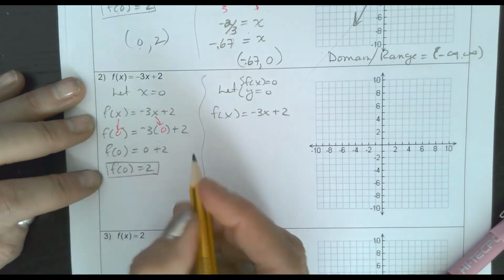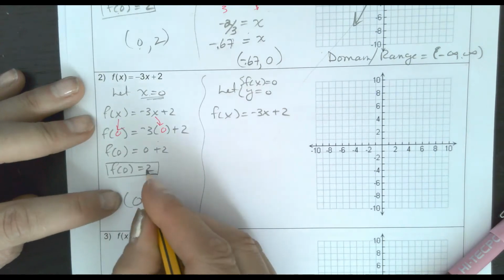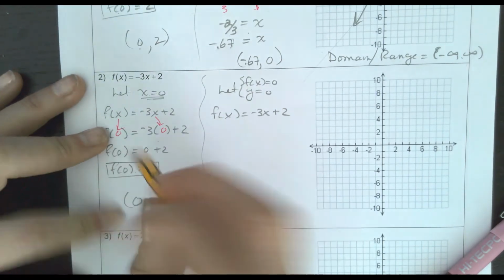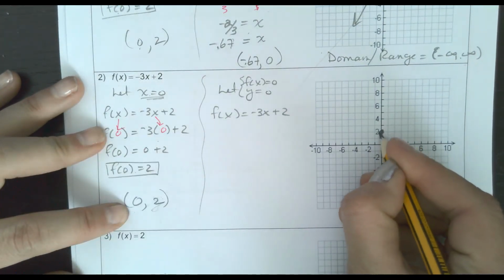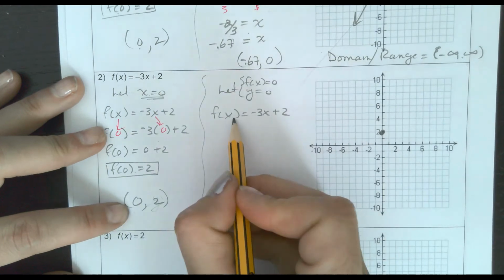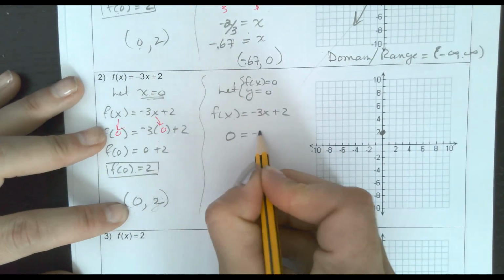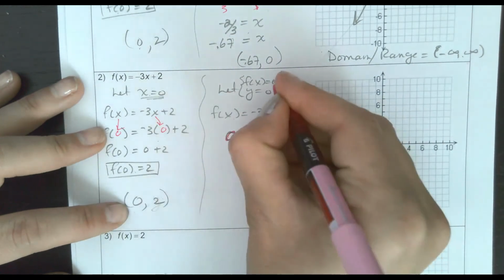Okay, but we need a point. So this is x equals 0, so you put the 0 here, and this is the y. Oops, not a y, you want a 2. Silly me. So (0, 2), oh, it's the same. Okay, so now, if f of x is equal to 0, I'm going to put it here. That goes here.